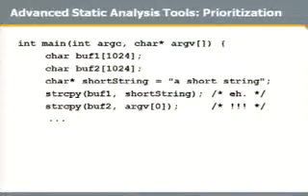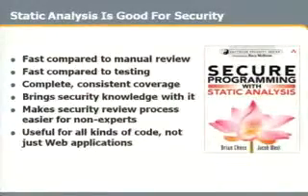One of them is much, much worse than the other because one of them just copies over a static fixed-size string into a fixed-size buffer. The other one takes user input and tries to jam it into that fixed-size buffer. One of them is exploitable, and the other one isn't. So it makes a lot of sense for the siren to go off when you see that second call to strcpy. And that first call to strcpy ought to be like, you really shouldn't do this, but you're probably not going to get burned on it today. So prioritization is probably the number one thing the new security tools do.